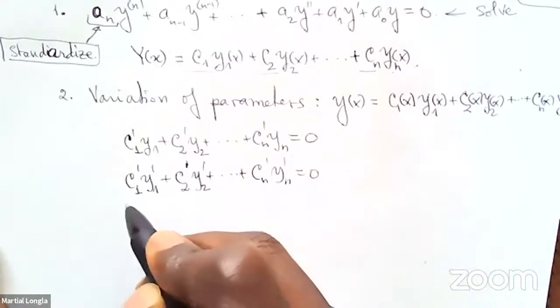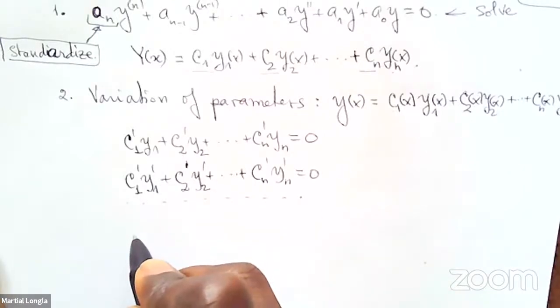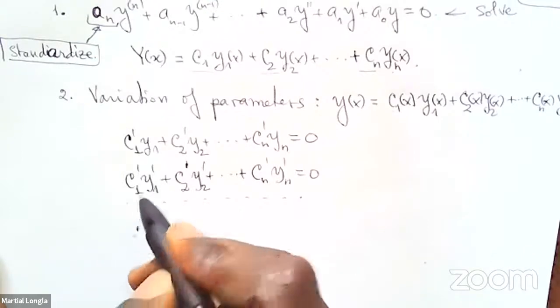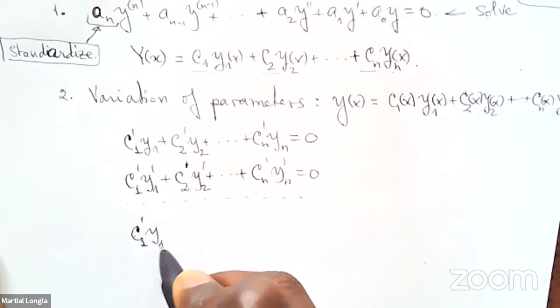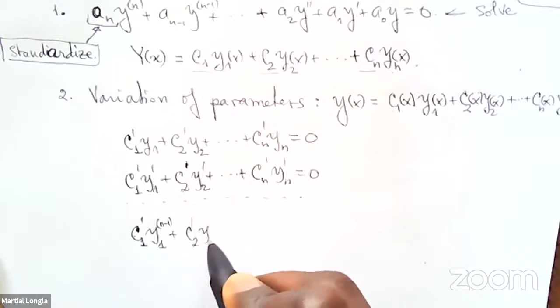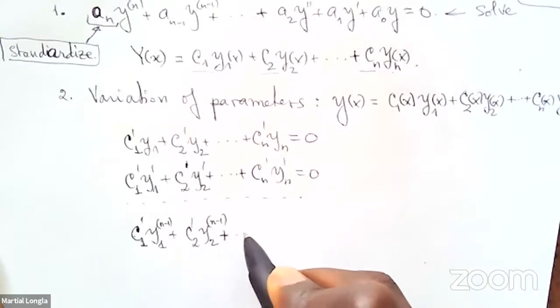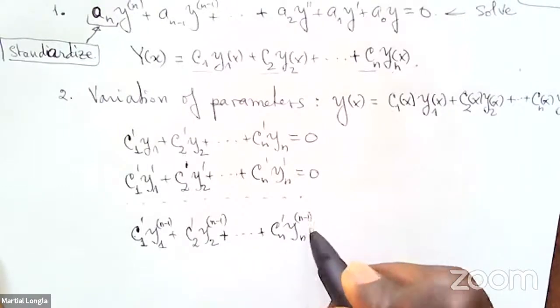And I'm going to continue doing this until I hit the last equation. And in that last equation, I'm going to have c1 prime y1 n minus first derivative, c2 prime y2 n minus first derivative, cn prime yn n minus first derivative.